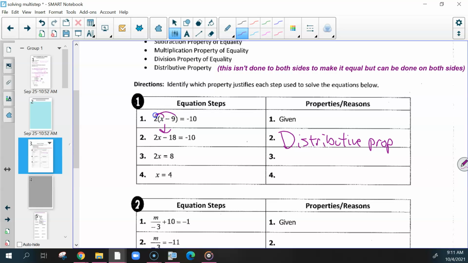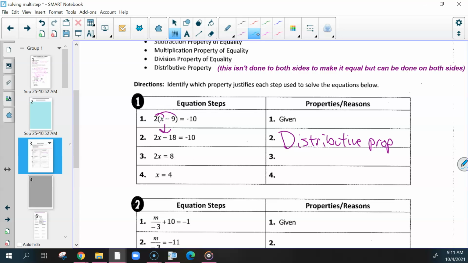And these other ones we may kind of need to think about. Here they have 2x minus 18 equals -10. Now they have 2x equals 8. What did they do from here to here? So, what did they subtract?